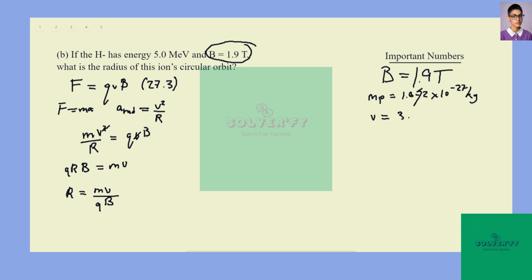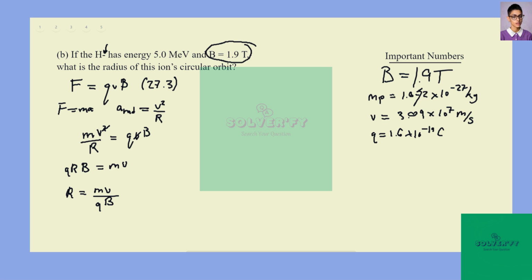That was 3.09 times 10 to the 7 meters per second. And now we have an additional number, which is the charge of our ion, and this is a single electron charge. So we're going to put our electron charge q is equal to 1.6 times 10 to the minus 19th coulombs.